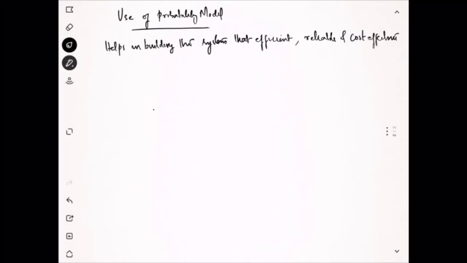Suppose there is a system which is showing a random behavior. In order to model that system, we may need probability models, and they help in building systems that are efficient, reliable and cost effective. So we will first discuss the basic terminologies.